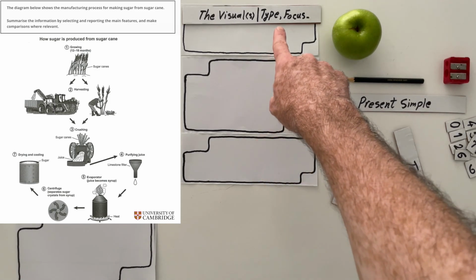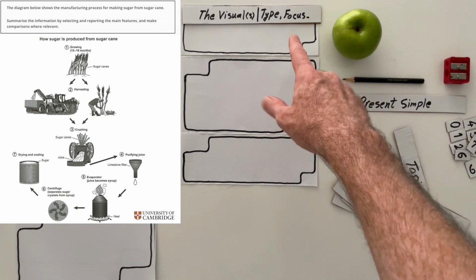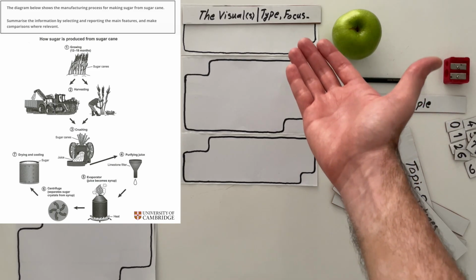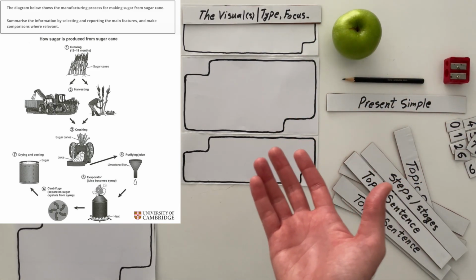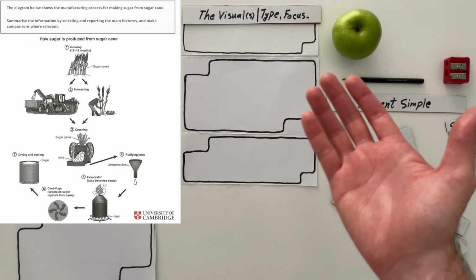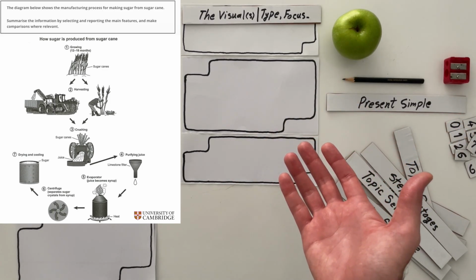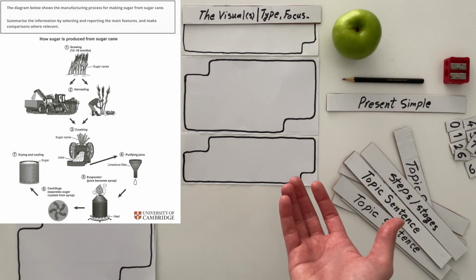Then when we focus, there is no focus of time. We don't have any focus of location. It's not limited to a certain country. It's not limited to any geographical location. So there is no focus. I talked about the type.